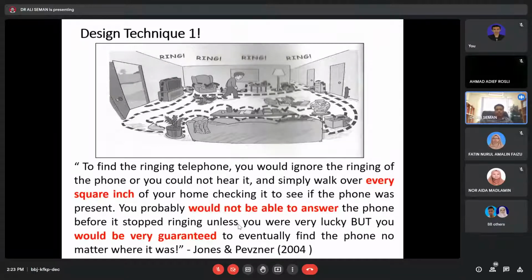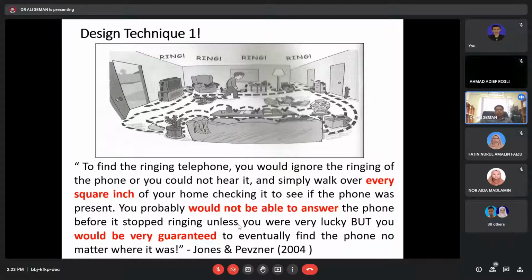This is a keyword, every square inch of your home, checking it to see if the phone was present. Okay, you probably would not be able to answer the phone before it stopped ringing, unless you were very, very lucky, but you would be guaranteed to eventually find the phone no matter where it was.